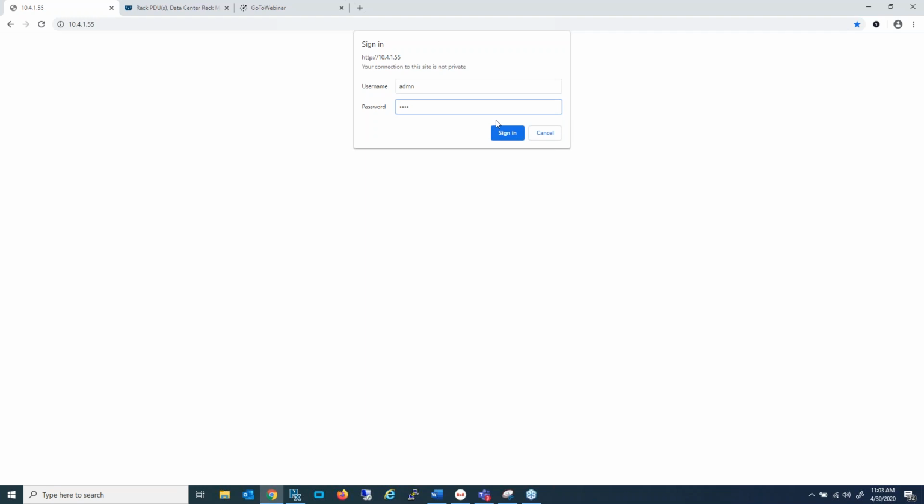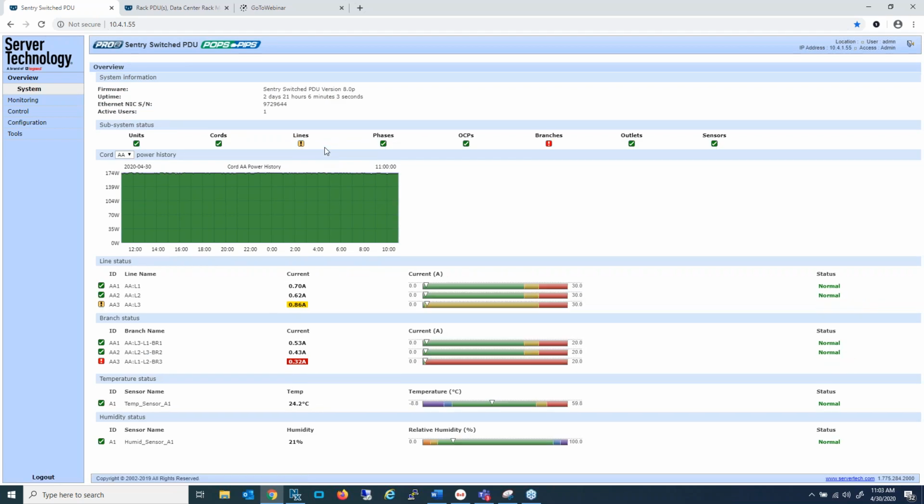So let's get started. I'm going to log in at administrator level to a standalone PDU in the ServerTech Tech Support Lab. I did log in at administrator level, as you can see in the upper left-hand corner. Before I continue, please note that these PowerTips Live sessions are tailored for Server Technologies Pro2 PDU series.